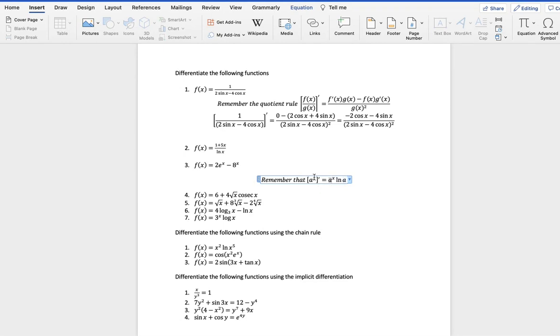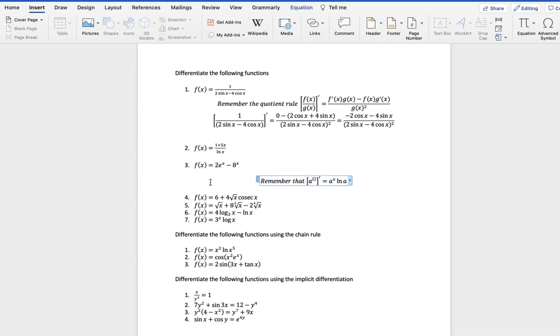So now you can generalize this to be a to the exponent of any function. So let's say any function f of x. It could be x, it could be 1, it could be 15x, as long as it's any function f of x.